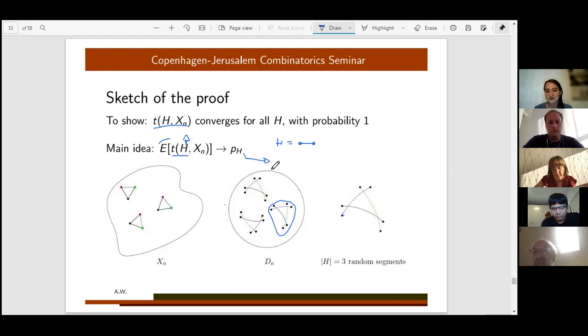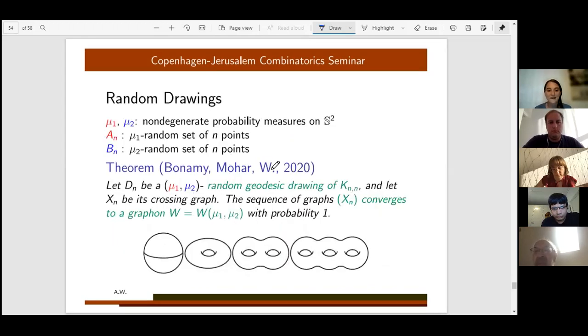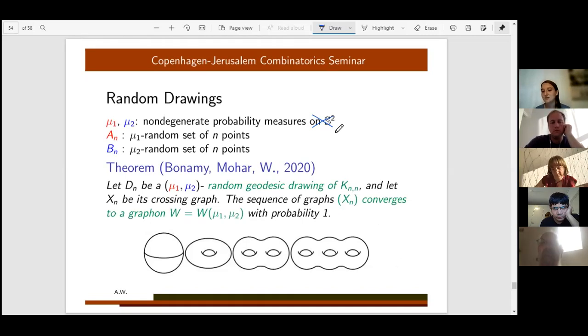But that's quite difficult. So this theorem that I put down here, I said, okay, we take these geodesic drawings of the complete bipartite graph, and we take probability measures on the sphere and so on. But actually, it doesn't really matter to be on the sphere. We could be on any geometric surface where we can define these geodesics, and we only need to make sure that what we get at the end will be a drawing.